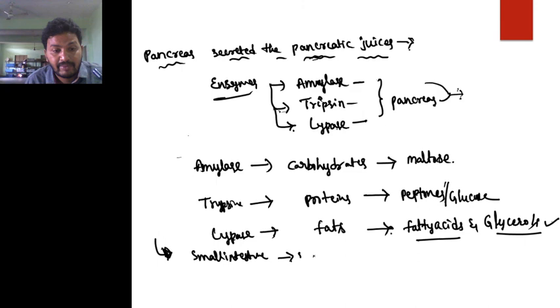After the waste materials are checked in the liver, they are sent into the small intestine. After that, small particles of food materials are transported from the stomach to the blood. That process is known as absorption.